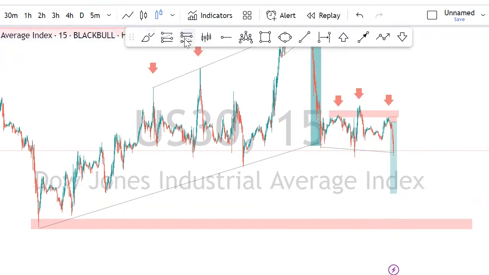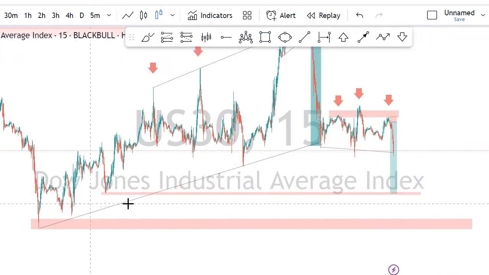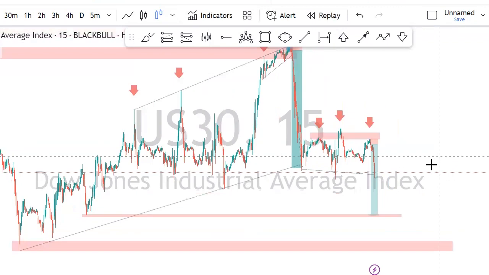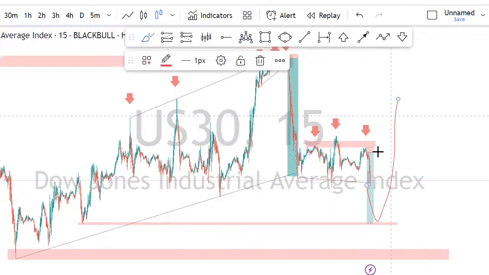We can put our take profit right there at this zone. You can also wait for the price to get to the main support, but in reality the price is very unpredictable. It might not even reach that point. It might sell off and just bounce right there.